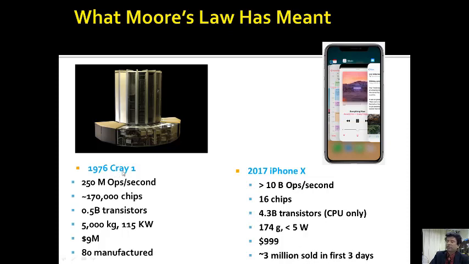So that is the scale we are talking about, from 1976 to 2017.